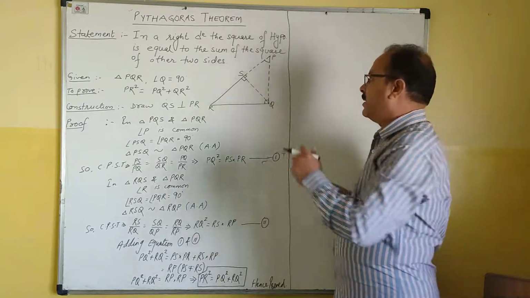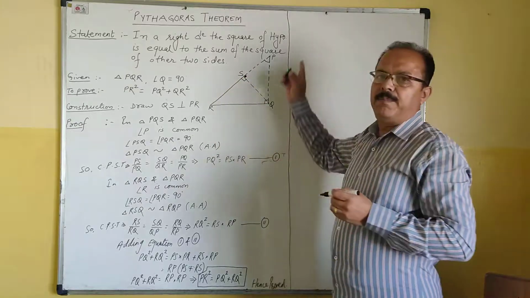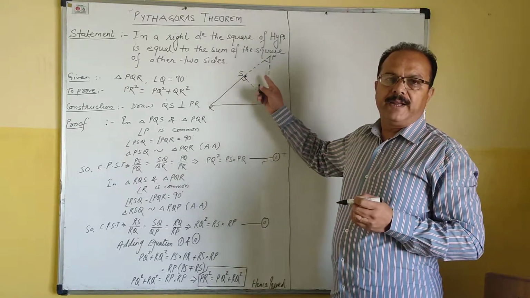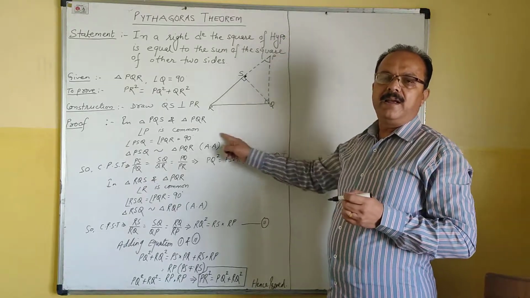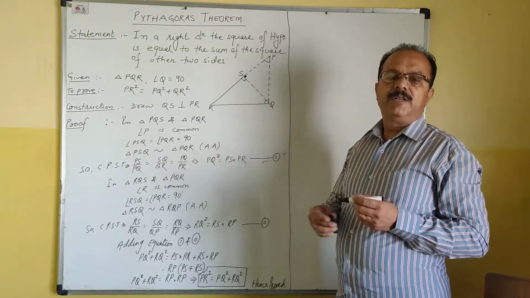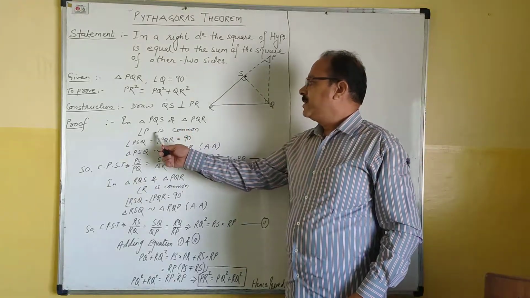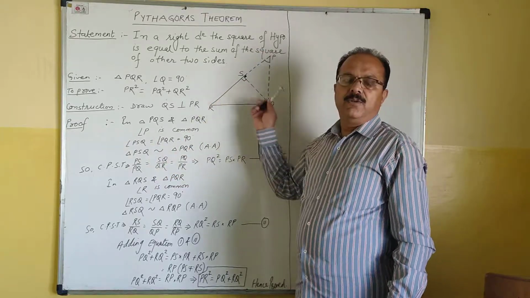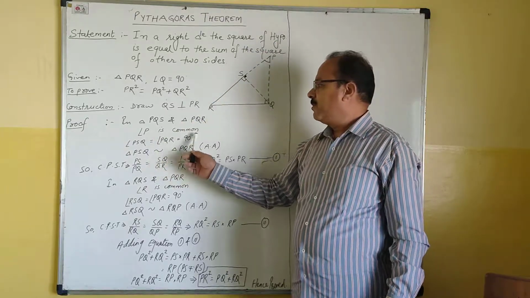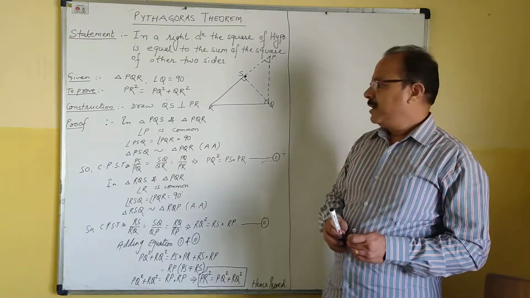Apart from that, angle PSQ is 90 degrees, and the original triangle's angle PQR is also 90 degrees. So by these two reasons, angle P common and angles PSQ and PQR both equal to 90 degrees, the triangles are similar by the angle similarity criterion.